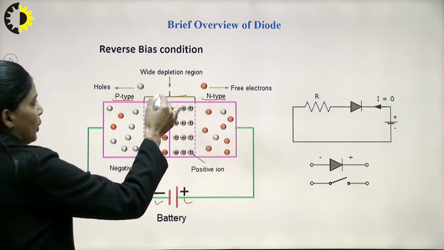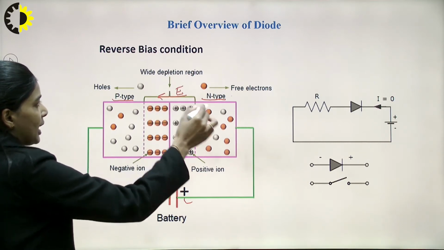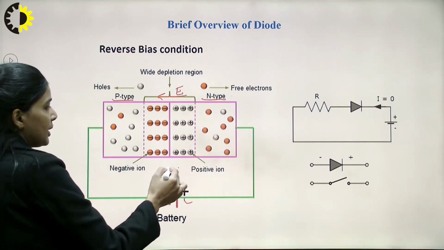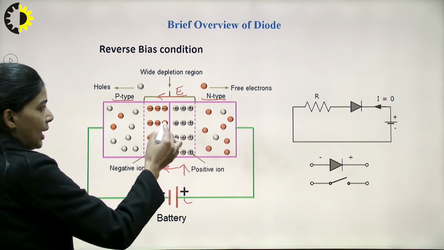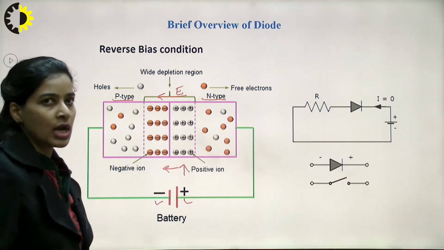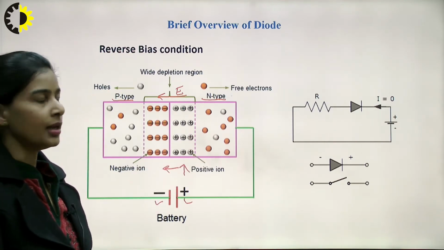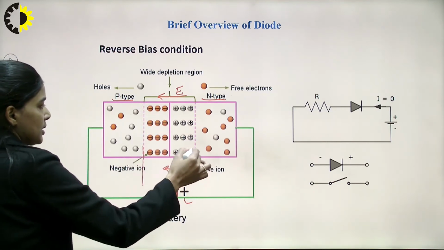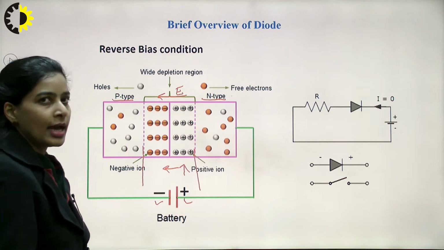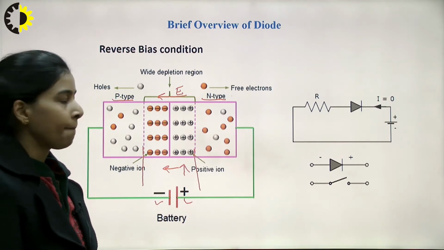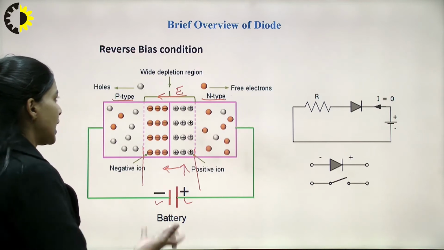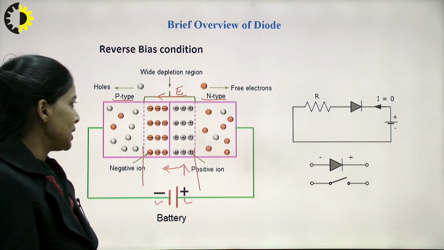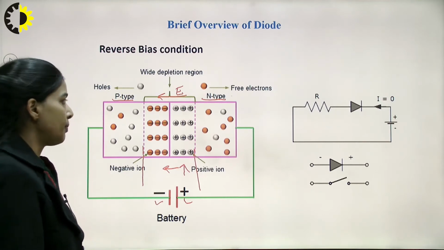So it will add to the field that was initially existing, and the amount of field will increase, and there will be more immobile ions near this surface, and it will broaden this depletion region. As the depletion region is broadened, the charge carriers that were moving from N side to P side will further feel some force, and they will stop moving.